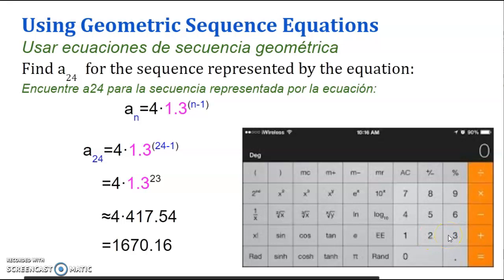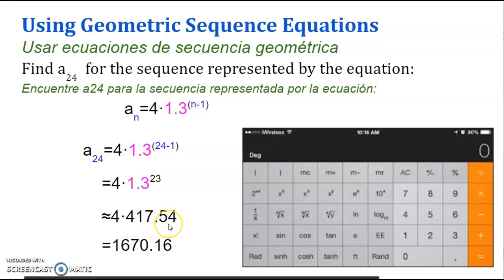Then you need to enter the equal sign so that the calculator will evaluate the value. If you enter the equal sign, and you should be trying this on your own, you should get 417.54. Can you try that right now and see if you get the same number?